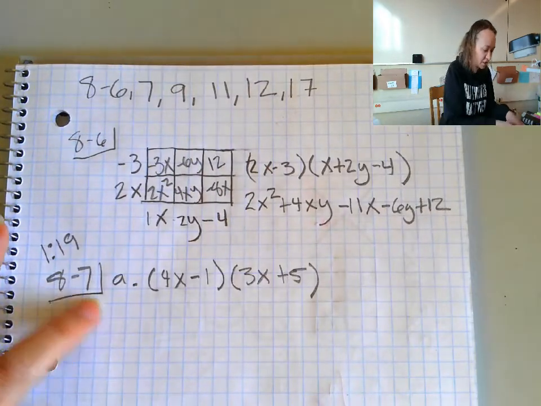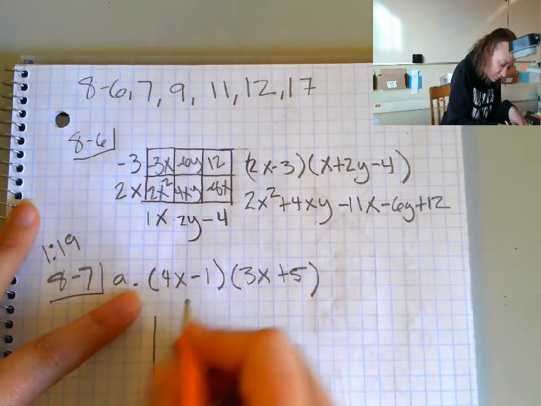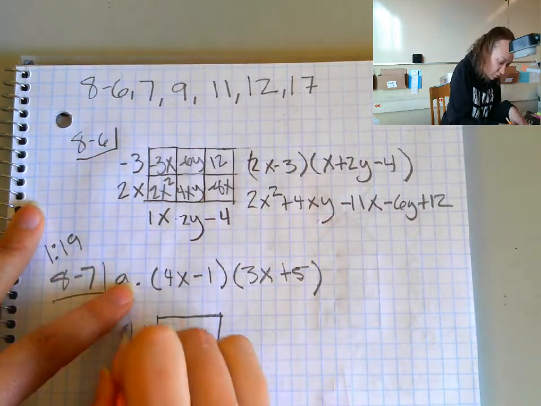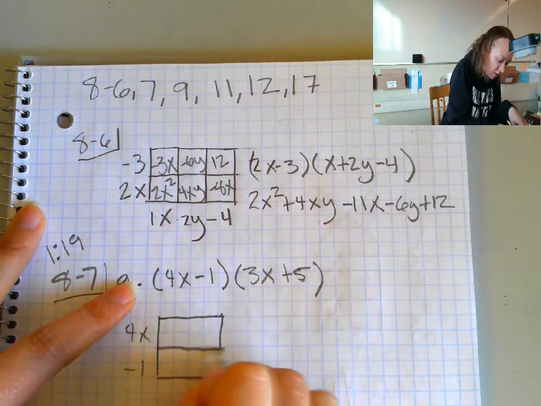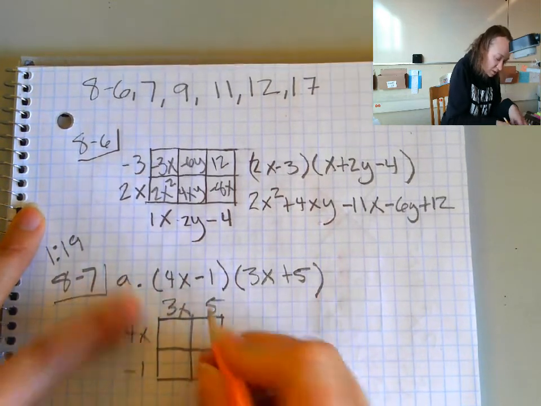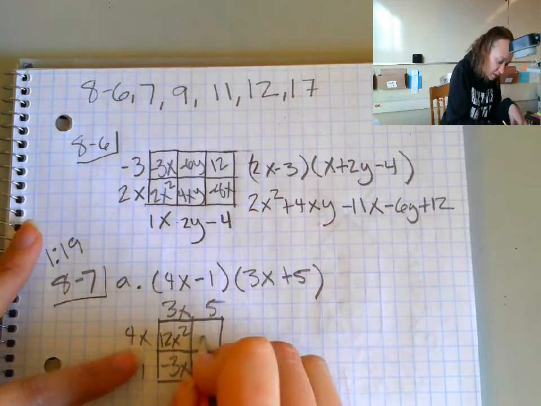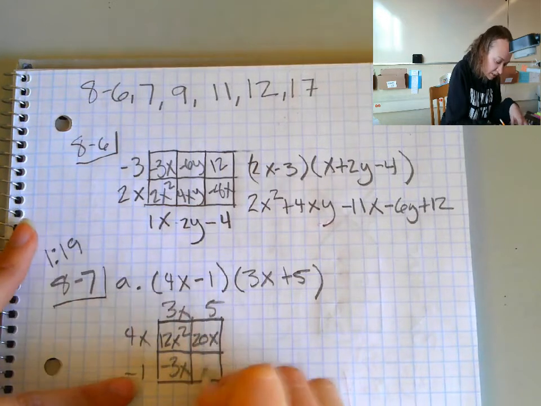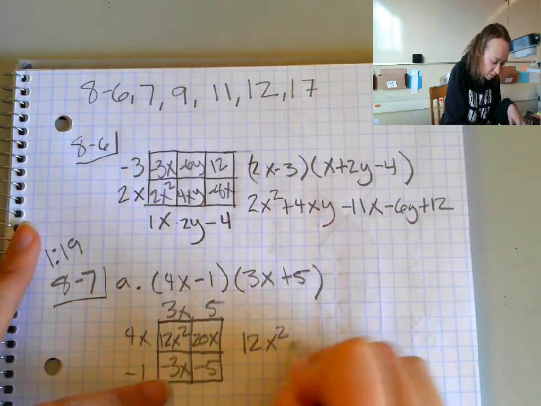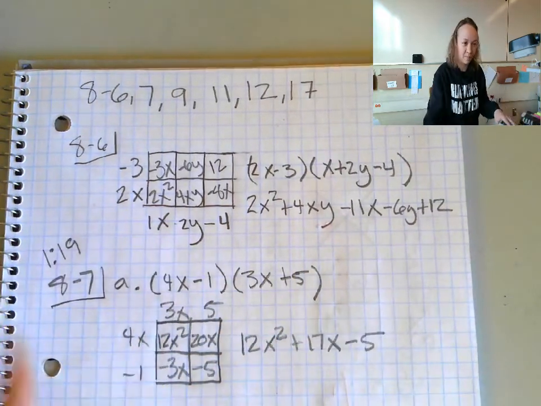All right, for 8-7, we're multiplying using a generic rectangle. So I've got 4x minus 1 and 3x plus 5. So that would give me 12x squared minus 3x, 20x, and -5. I combine my like terms, 12x squared plus 17x minus 5.